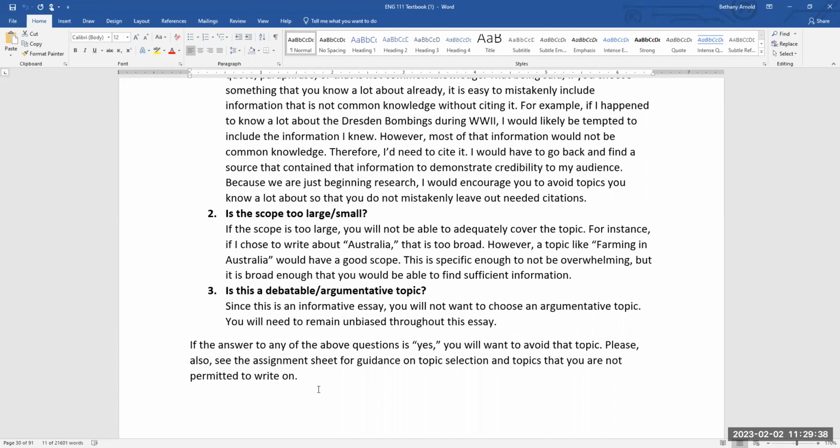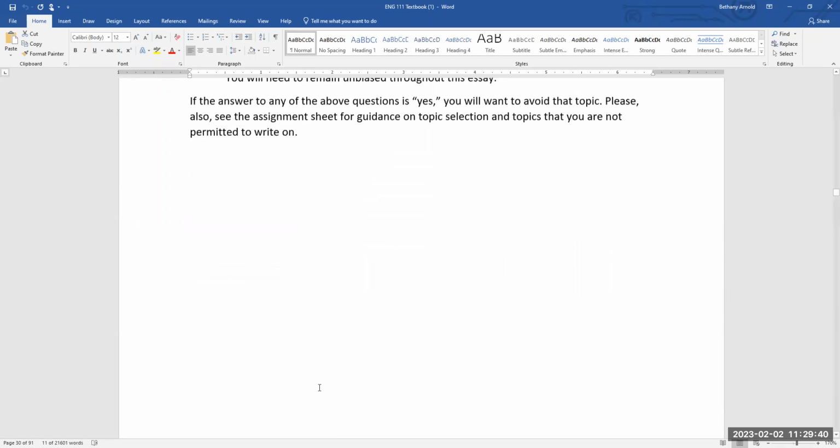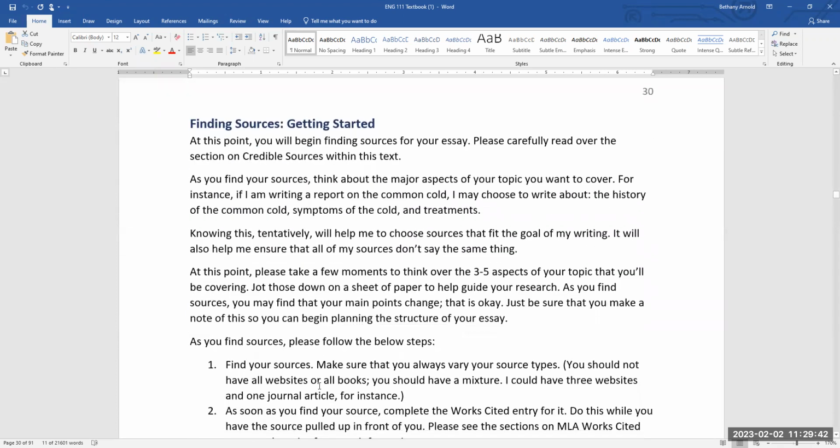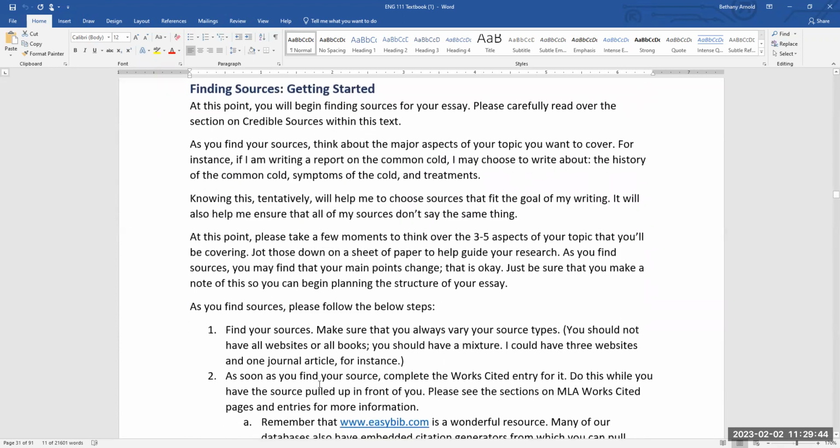That being said, if I choose to write about, say, the common cold, I may think, okay, how is this going to look as an essay? I do not yet have to know statistics, facts, definitions, but what I could even just jot down on a scrap sheet or a napkin, what I could do is jot down my tentative structure. So I would know, first of all, I need an introduction. So for a tentative structure, I could write down introduction.